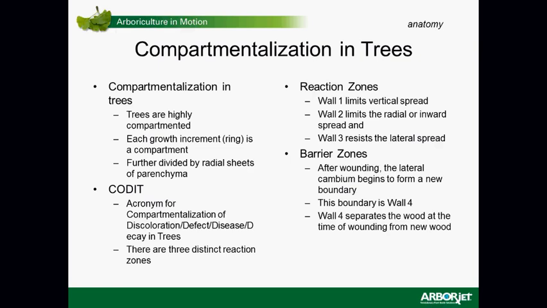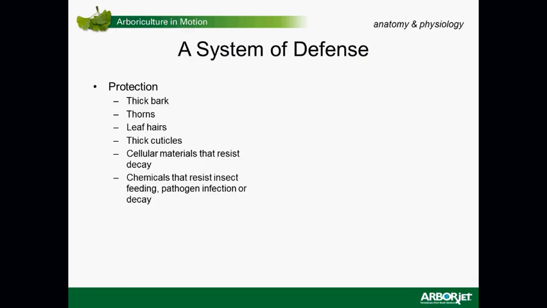They can make new tissues, and they begin to divide, and they could form this closure tissue, or wall 4. So that wall 4 separates the wood at the time of wounding from the new wood. So the neat thing about that is you can date when that wound first occurred. So trees and plants in general have a system of defense.